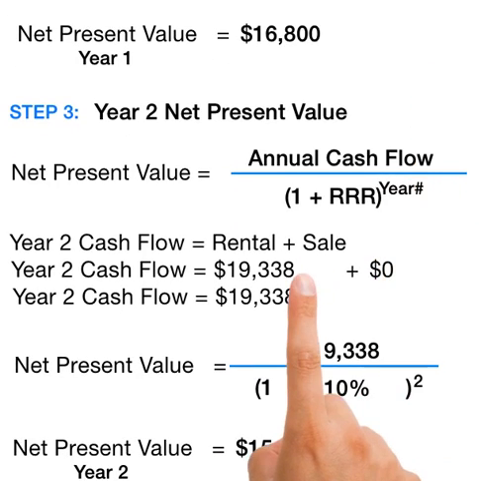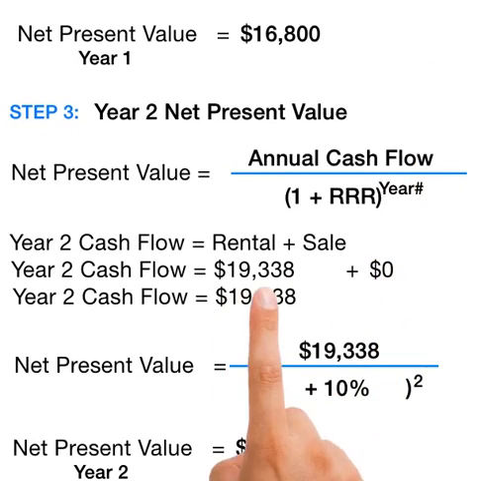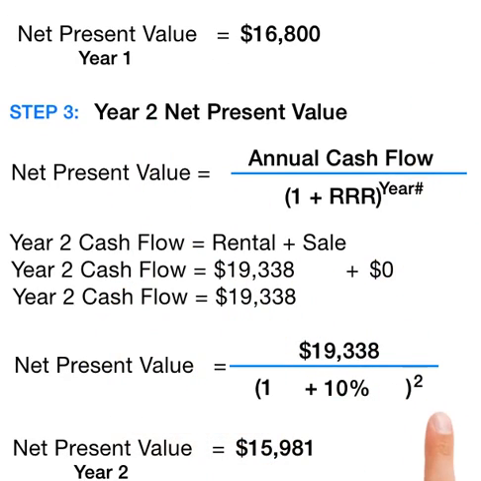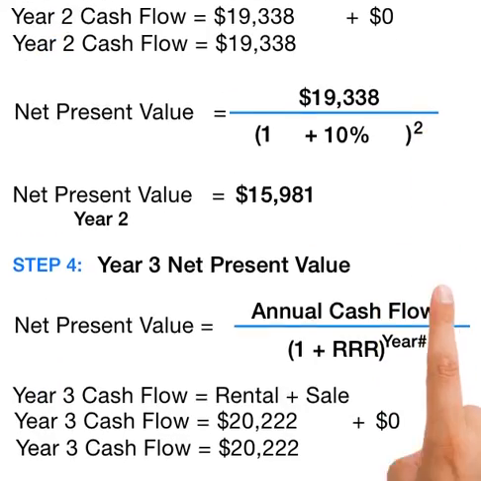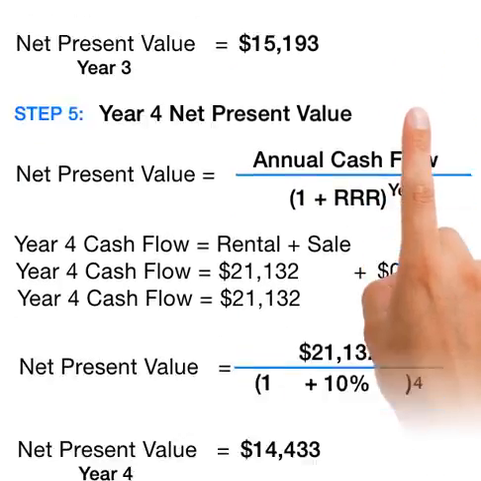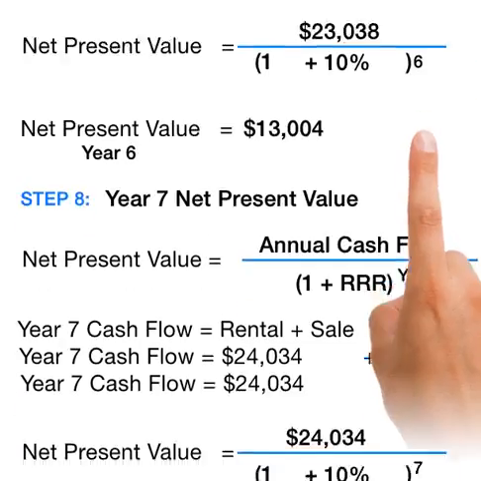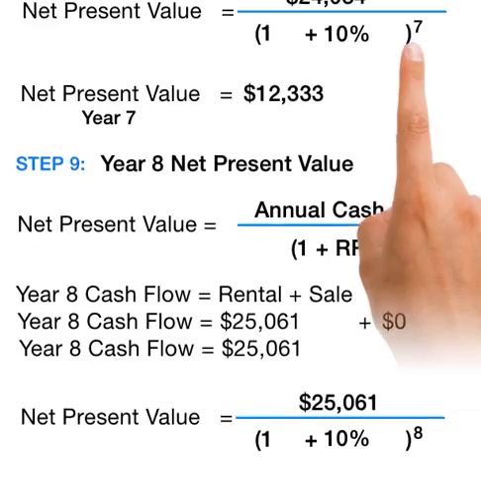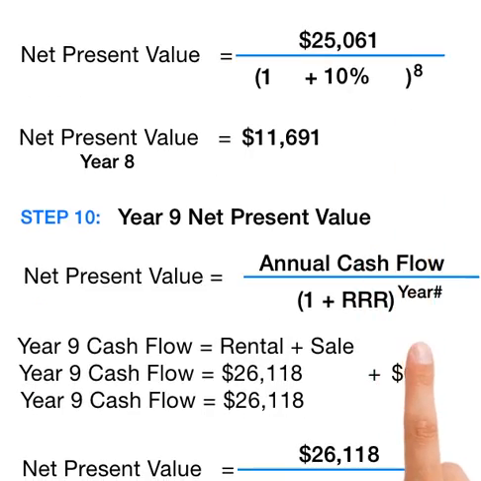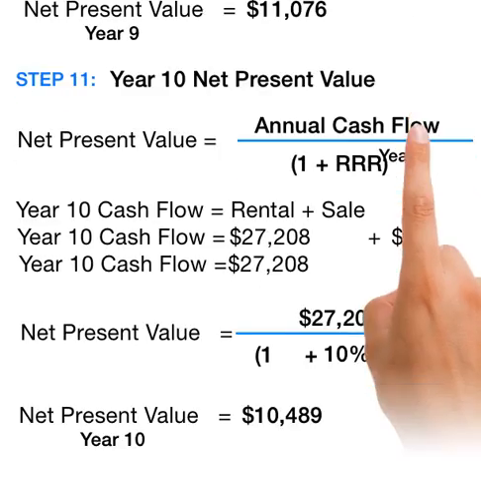So we proceed with the same concept for each and every one of the years that you are expecting to keep your property. Year 3, year 4, and so forth. And in our case, we had indicated that we want to keep the property for 10 years. That's how long we want to keep it.